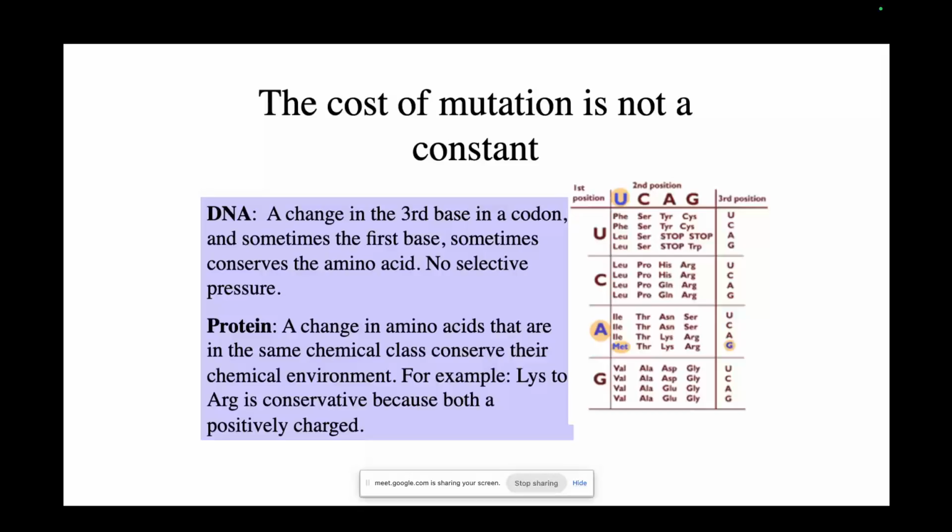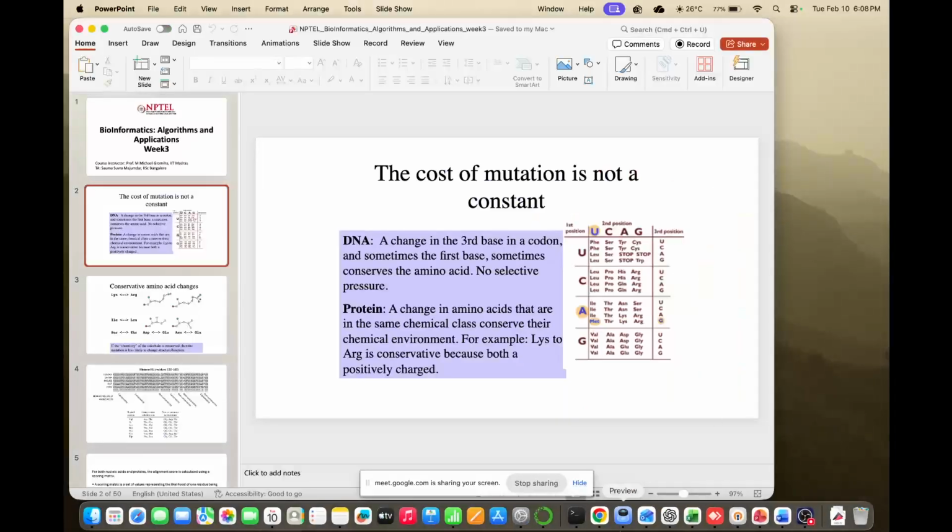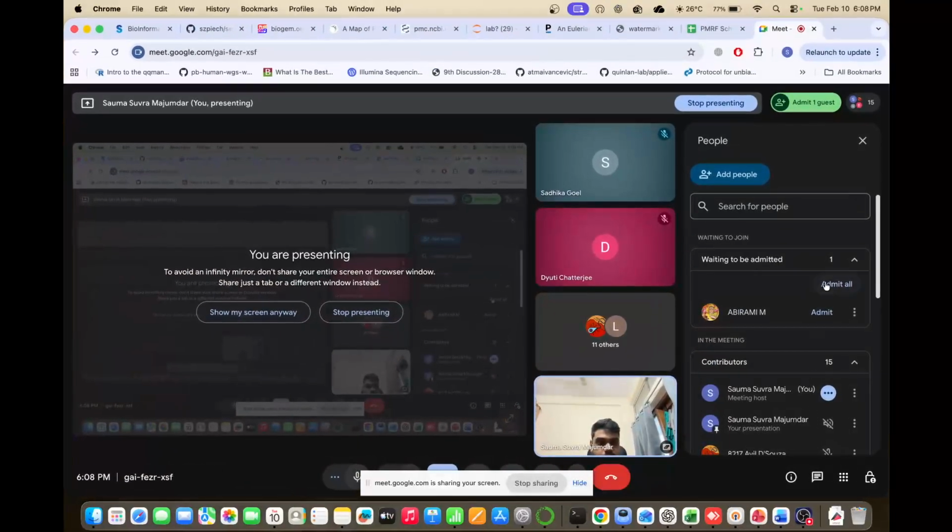The same is true for proteins and amino acids. Say, for example, a lysine has been converted by mutation to an arginine, but it won't affect much because both are similar in terms of their chemical nature.